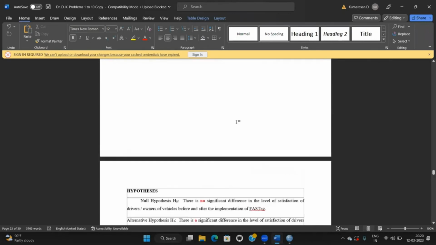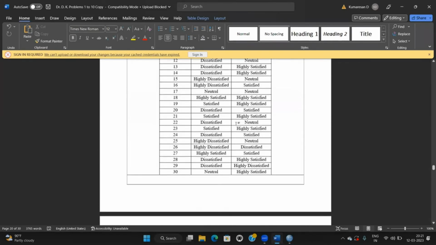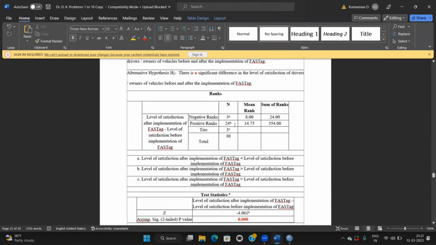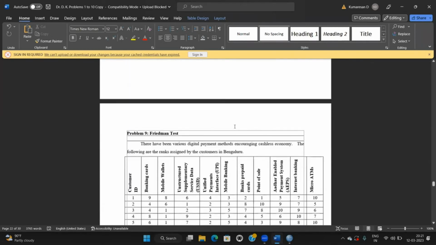The difference between Wilcoxon and Friedman test is the number of data. If the number of data is 2, we have to apply 2 related samples, that is the Wilcoxon test. If the data is more than 2, then we have to select the Friedman test.